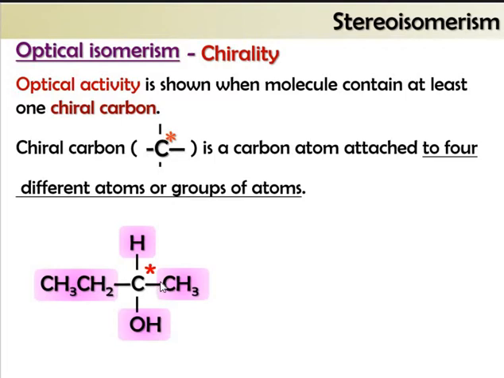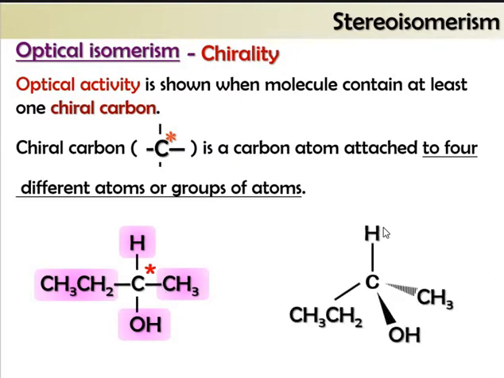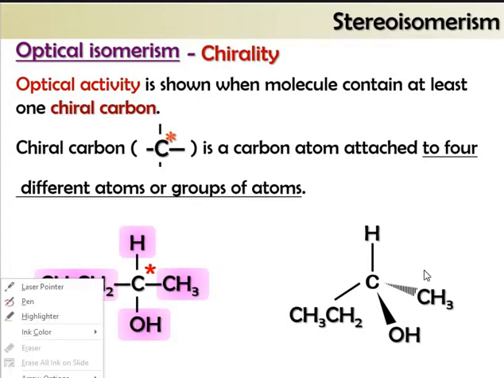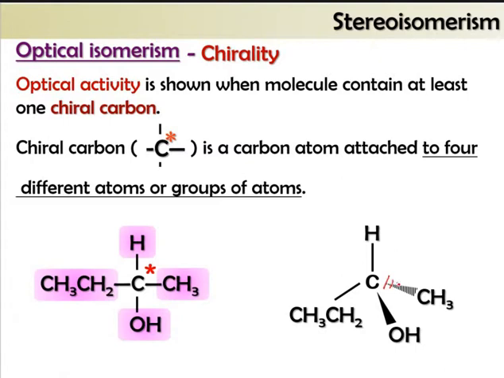So bila kita lukis dalam bentuk 3D, okay, untuk optical isomerism ni kita memang kena lukis dalam bentuk 3D. Okay, so yang ni ada macam pembetulan sikit. Dekat sini, dia sepatutnya besar. Okay, it will be like this. Macam tu.